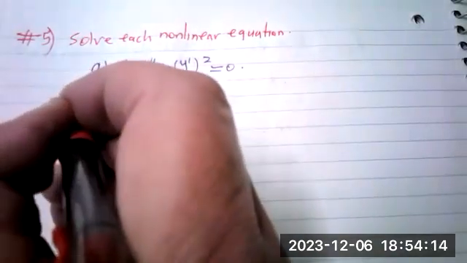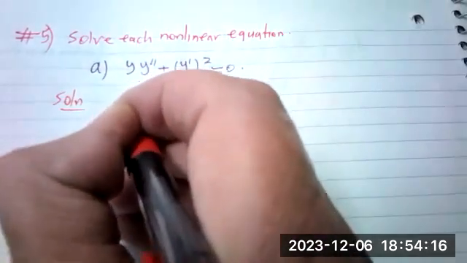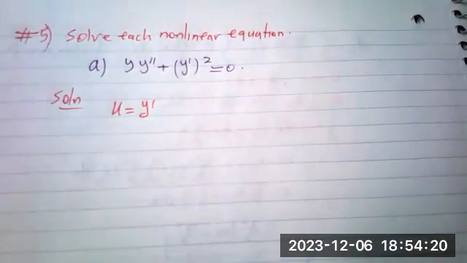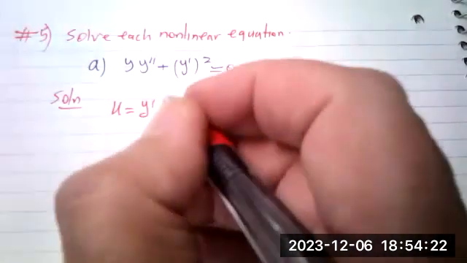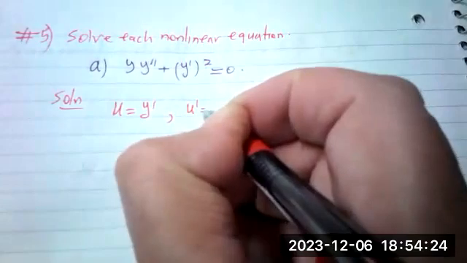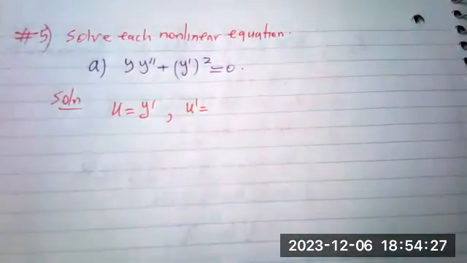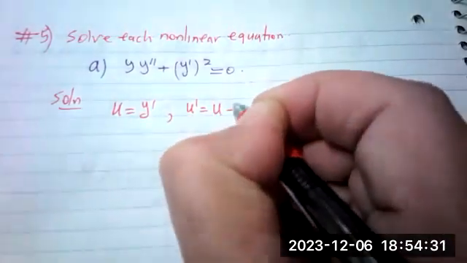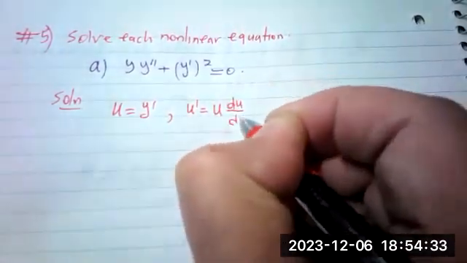The substitution method is going to be u is equal to y prime. Remember, when you say y prime, it's dy dx. Now, in order to get u prime, use the chain rule. We change it into u du dy.